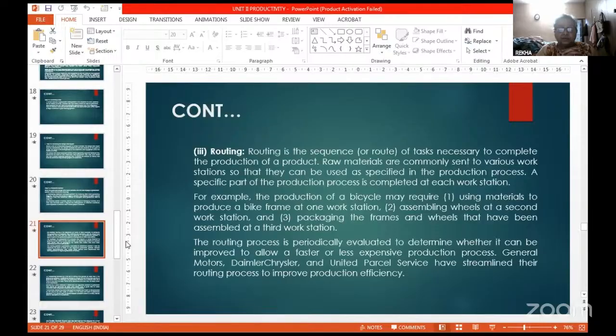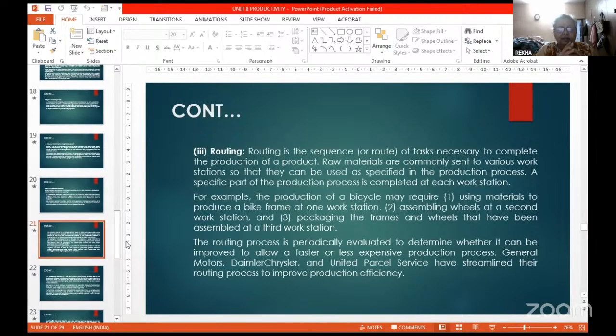Then routing, that is the sequence of doing the job. It is not done in one go. Routing is the sequence or route of tasks necessary to complete the production of a product. Raw materials are commonly sent to various workstations so that they can be used as specified in the production process.